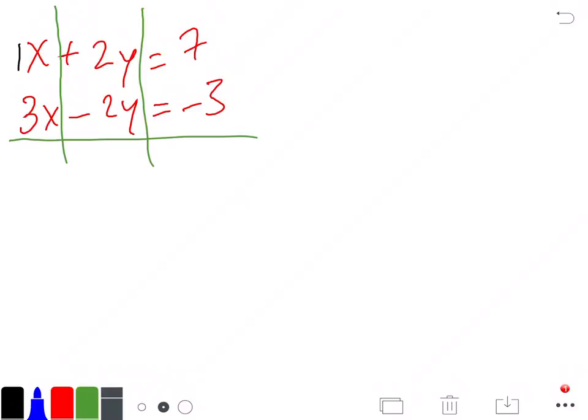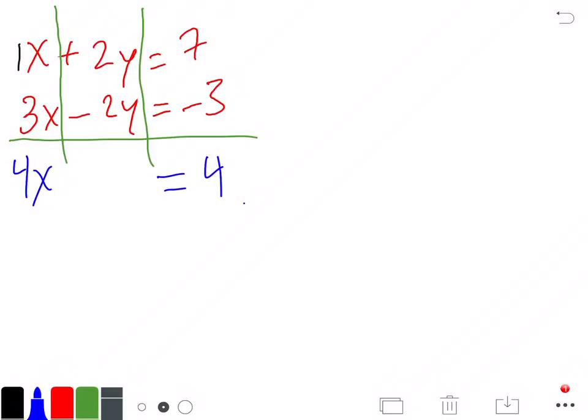Now, 1x plus 3x, that'll give you 4x. Positive 2y plus a -2y is going to give you 0, so the y is eliminated. Carry down your equal sign, and then 7 plus -3, that will give you 4.